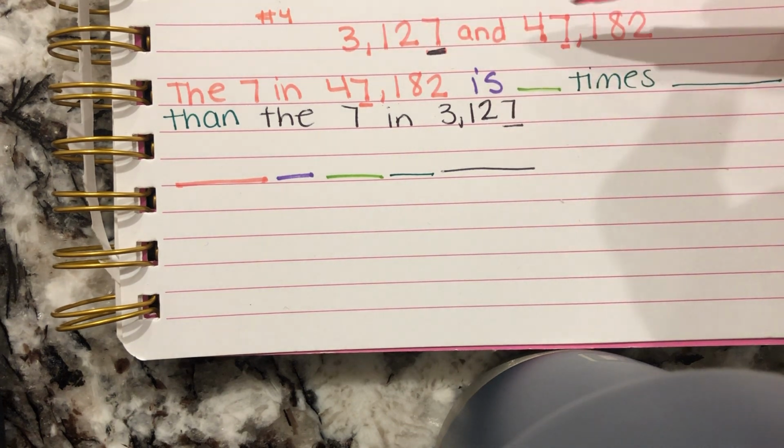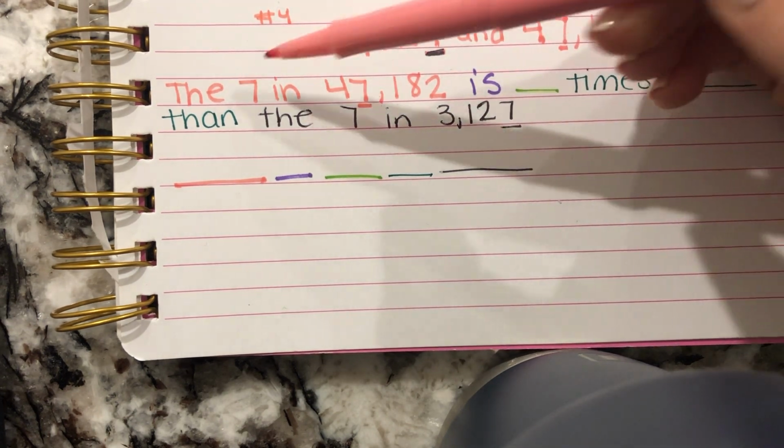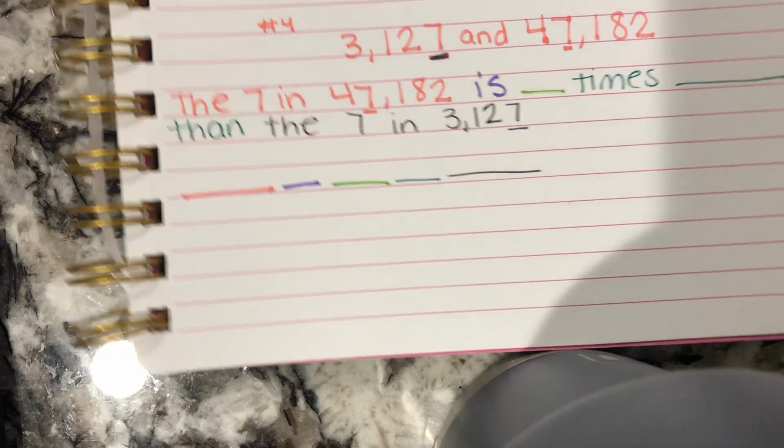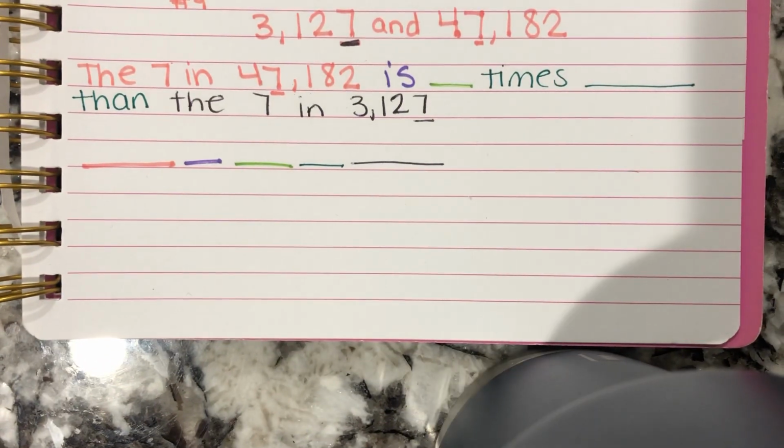So these numbers share many digits, but they tell us in the problem that we're talking about the 7. So the sentence frame says the 7 in 47,182 is blank times blanker than the 7 in 3,127.